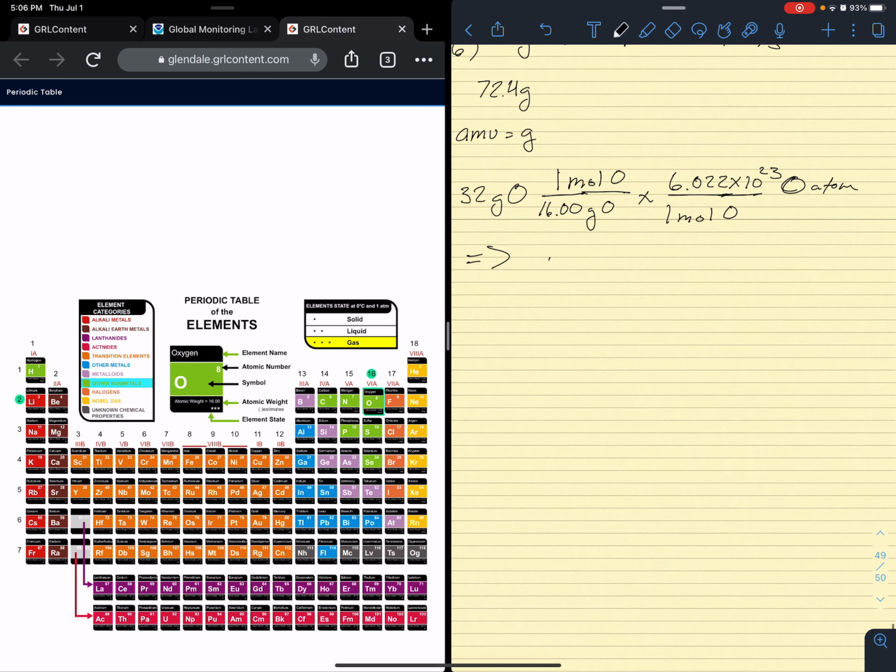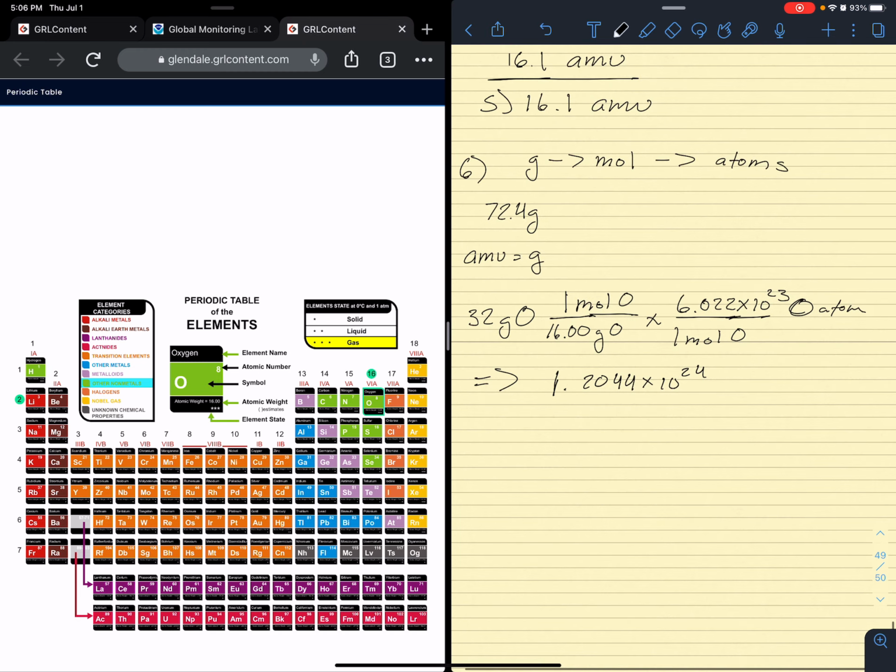So there's 1.2044 times 10 to the 24. That's how you get the number of atoms in 32 grams of oxygen.